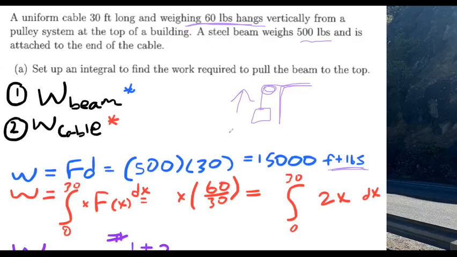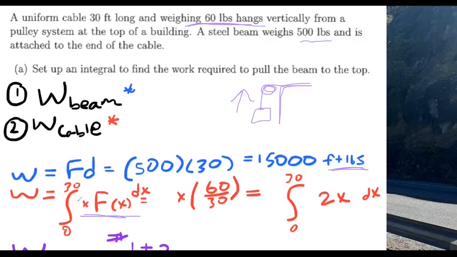And then for the work for the cable, we have to do an integral because as it goes up, it does not remain constant. The work done on the cable will change as it goes up. So from 0 to 30 are our bounds, and it's a simple calculation. We just plug in the function times x.